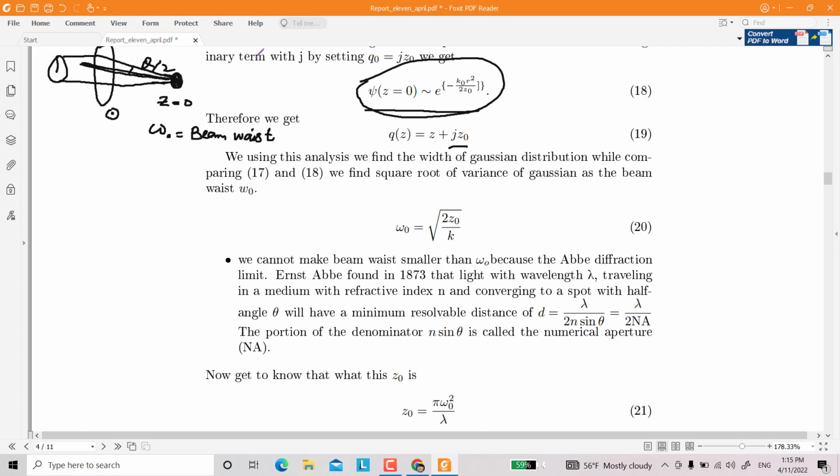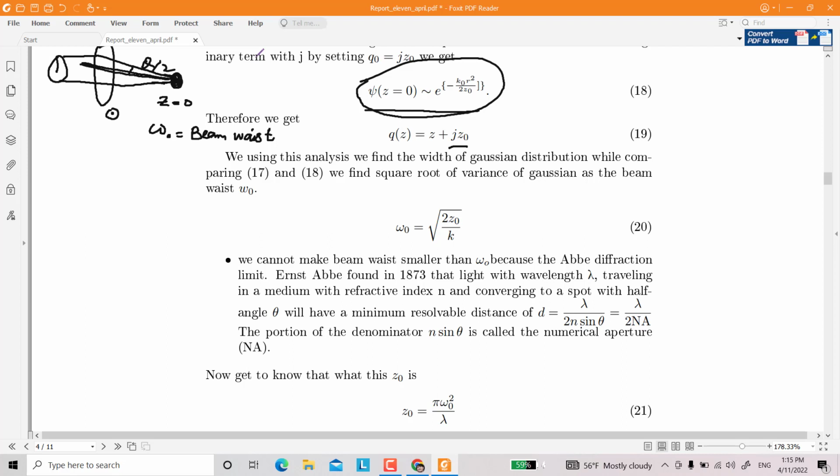Similarly, n sine theta can be replaced by the numerical aperture of the lens. Now, in order to make d 0, meaning arbitrary precision in the resolving distance, or you can say the minimum resolvable distance is 0, it will only be 0 if the numerical aperture of the optical element, such as the lens over here, is infinity.